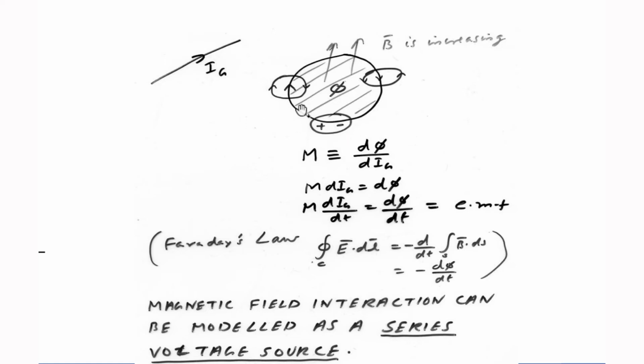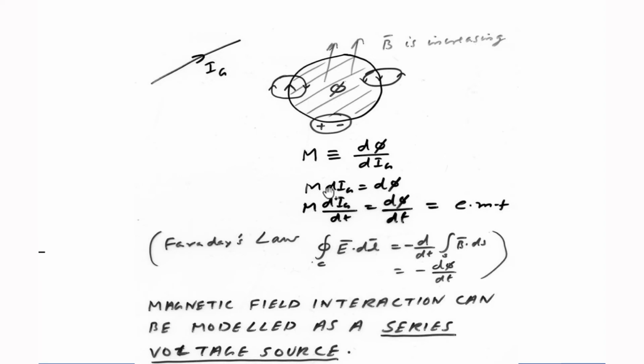Now in the case of a circuit in the form of a closed path, the mutual inductance M between this and this is defined as M identical to the rate of change of total enclosed flux here to the rate of change of the current, that is, d phi by dI_G. This is the definition of mutual inductance. Now you can do some algebraic manipulation because this is the total derivative.